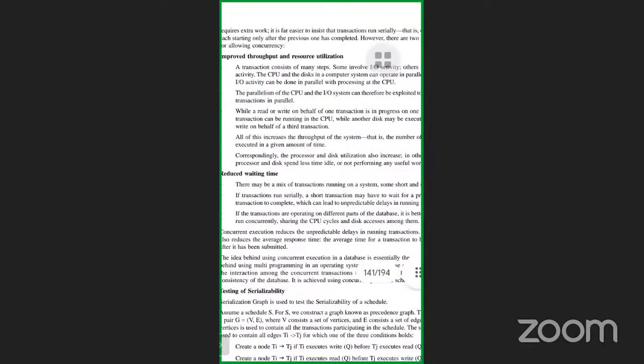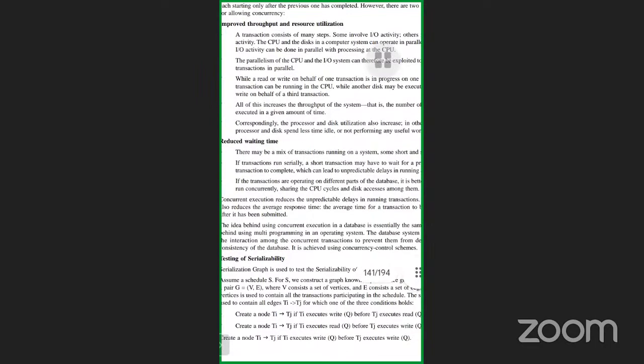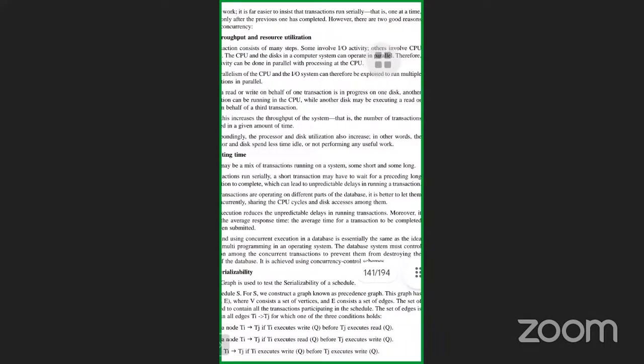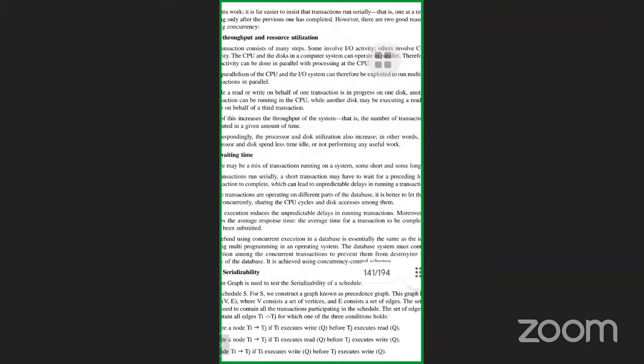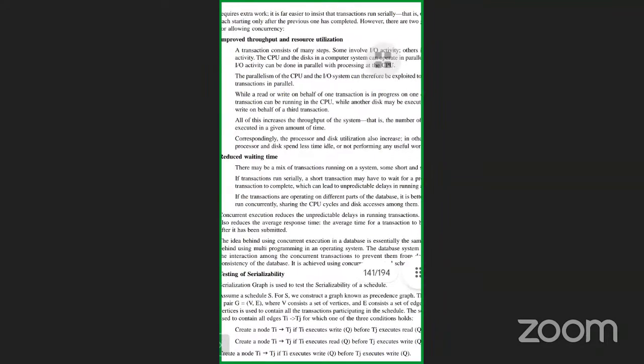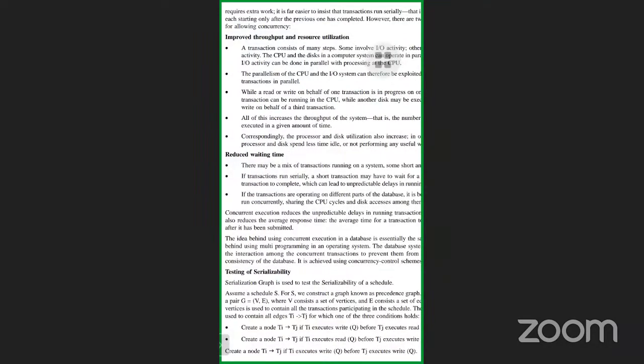Now see, the parallelism of the CPU and the input-output system can therefore be exploited to run multiple transactions in parallel. So what he's telling, generally processing will be going into a CPU, but the data will be going to input and the output will be coming from the output device. So these three will be connected to each other.